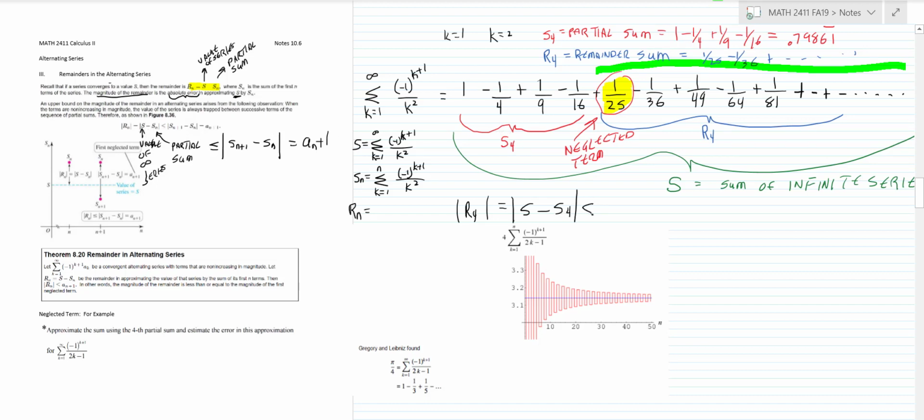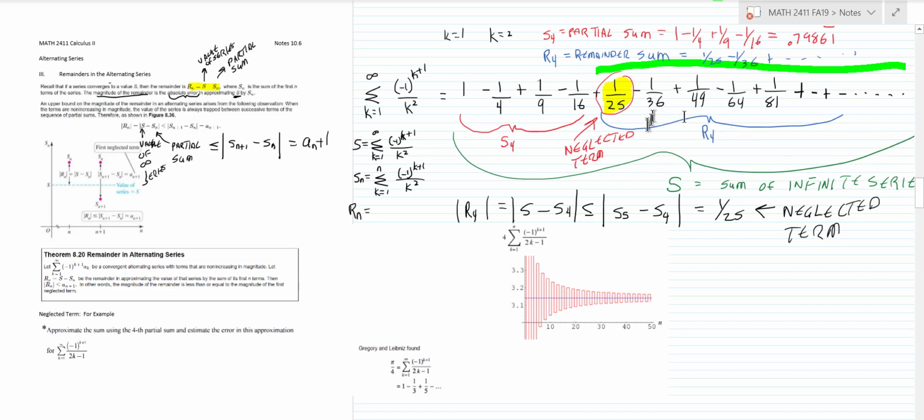That is less than or equal to s of 5 minus s of 4. s of 5 is this thing, s of 4 is this thing, so that would just be equal to, in this example, 1/25th, which would be the neglected term. We call that the first neglected term. So that's the idea there, and that's where that inequality comes from.